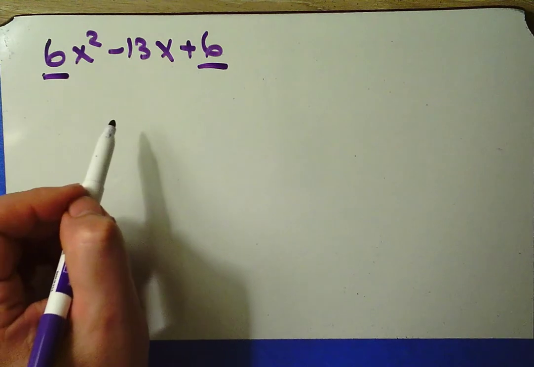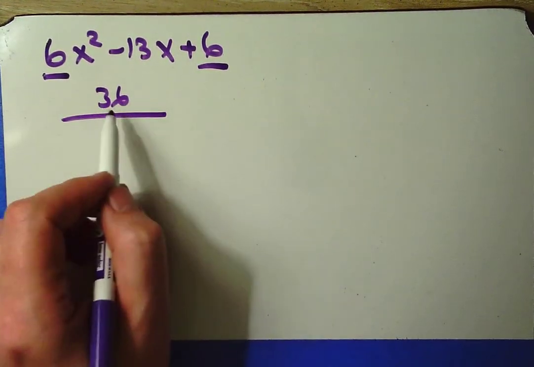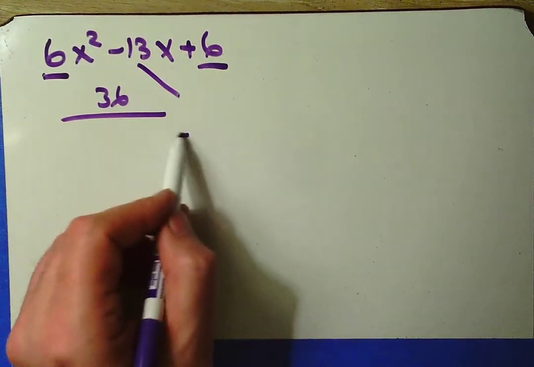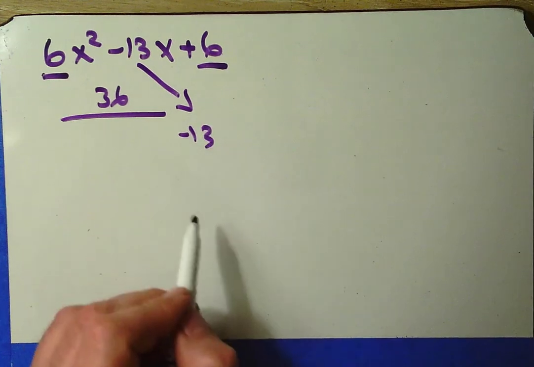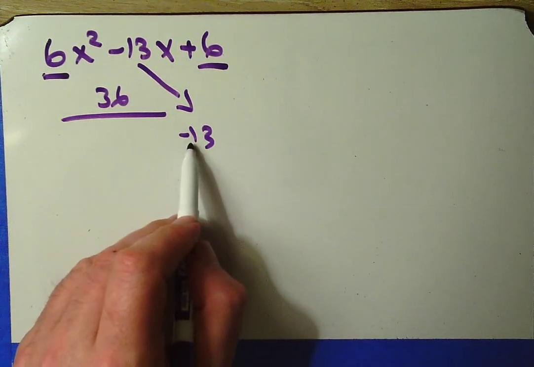I'm going to multiply these two numbers together and get 36. And I'm looking for two numbers that multiply to make positive 36, but that add up to be negative 13. Well, I know if they have to add up to be negative 13, they're going to be negative numbers.